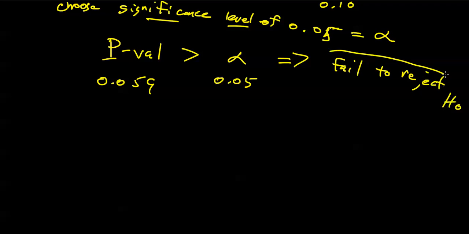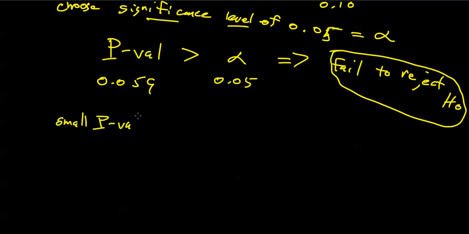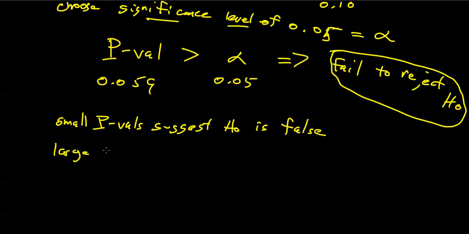Alright, so my conclusion here is fail to reject H0. Let me write down that little blurb again. Small p-values suggest H0 is false. Large p-values, how large?